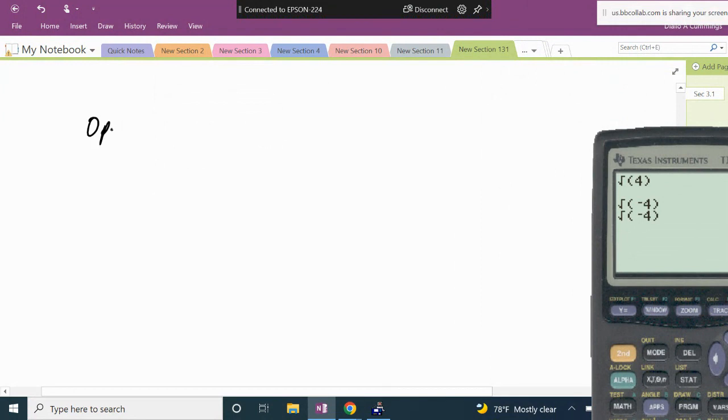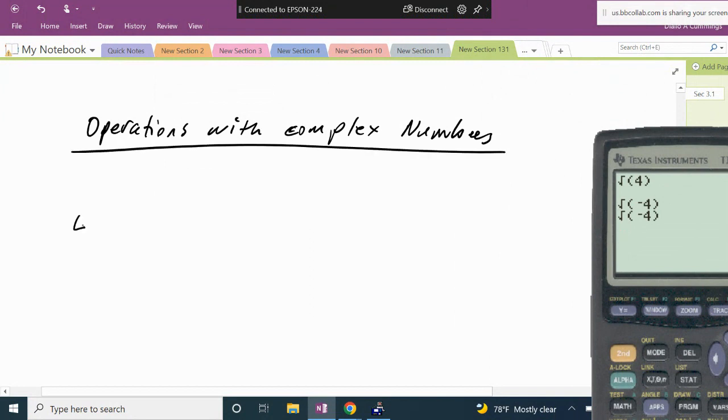Next, we're going to perform operations with complex numbers. In this first example, we're going to add or combine complex numbers. We have 3 minus 5i plus negative 2 plus 2i.